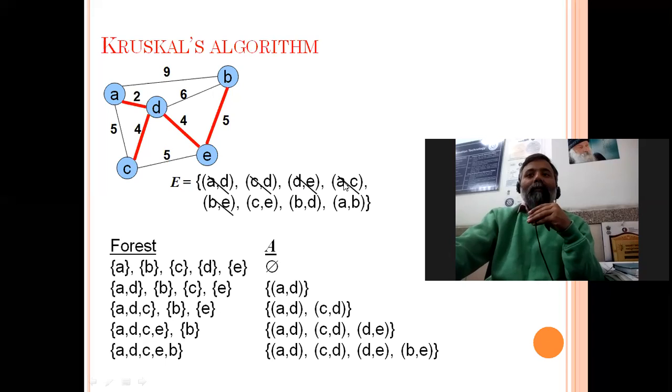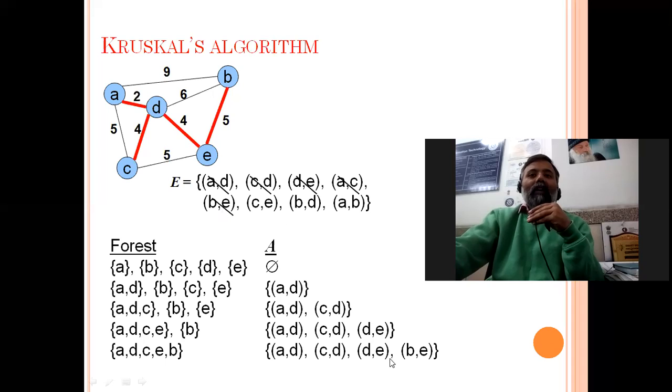Next one, AC. You can see for this AC both are in the same set. So that's why this AC will not be included in our MST set A. Next one, BE. B is here, E is in this set. So both are in different sets.